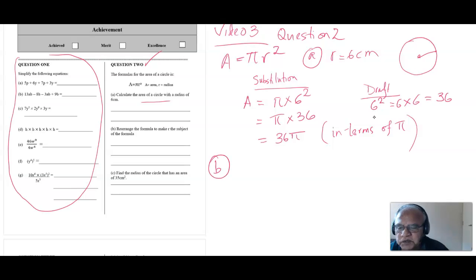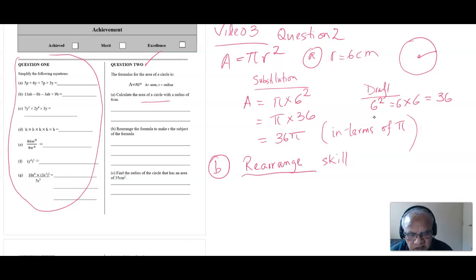I'll move to the second part, which says rearrange the formula. Now, that's going to make our life a little bit uncomfortable. That's another skill of algebra, and in year 10 I haven't discussed it thoroughly.